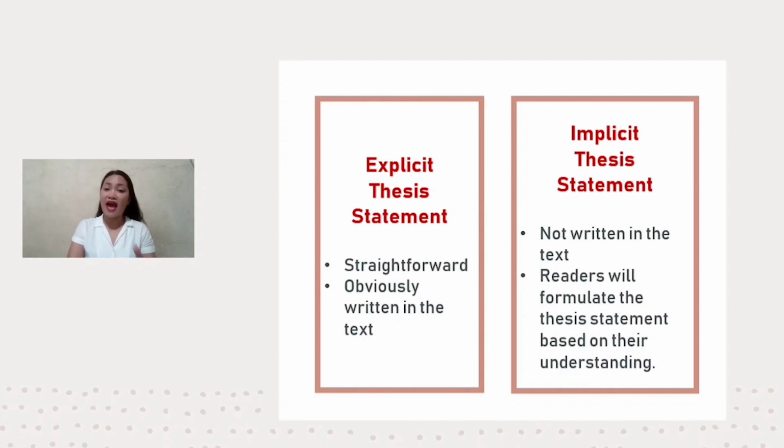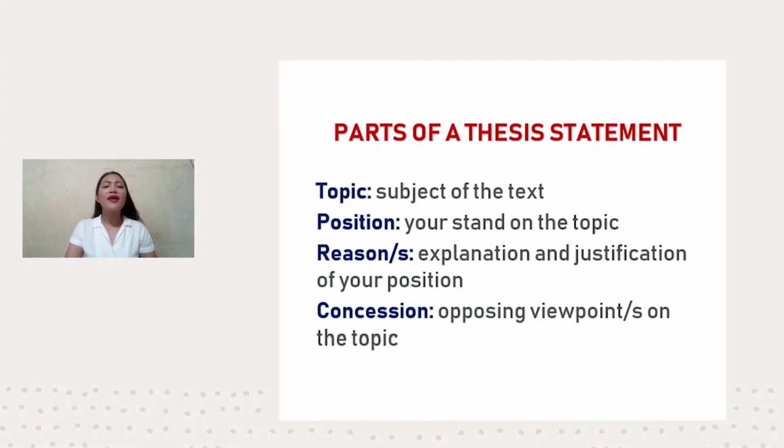Non-academic texts actually has this kind of thesis statement, the implicit one. So, as you read, for example, a poem or a novel, a short story, readers will formulate the thesis statement based on their understanding.